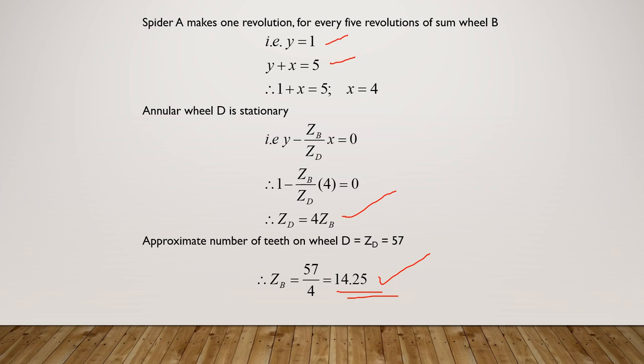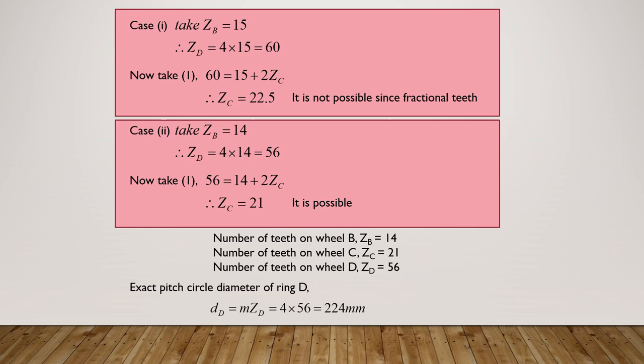We got 14.25. Let's take case 1 first. Let ZB be equal to 15. I will take the next nearest number, that is 15. Now substitute ZB as 15 and go in the reverse order.